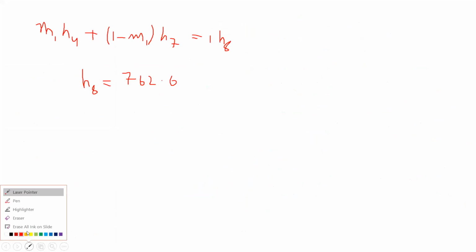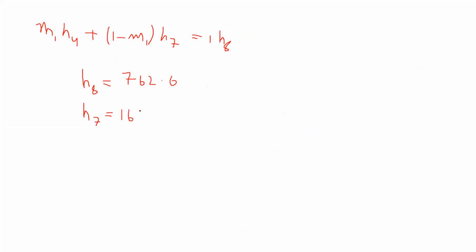Here, H7 or HF7 or HF6 is equal to 163.35 kilojoules per kg. The unit for specific enthalpy is usually kilojoules per kg.